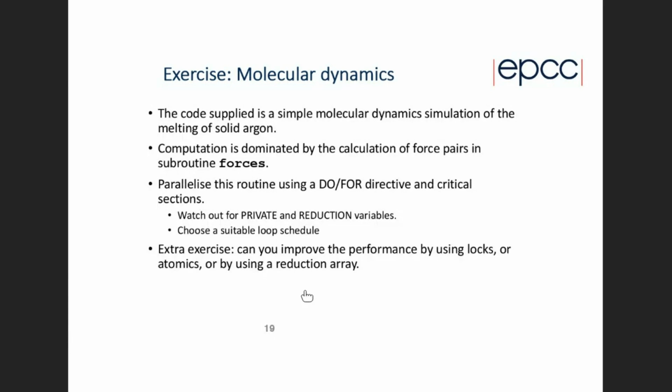Well, there is actually also another possibility here for this particular code, which is to use reduction arrays. So there's lots of different ways you can solve the same problem, but they may perform differently, and that may also depend on how many threads you're using.